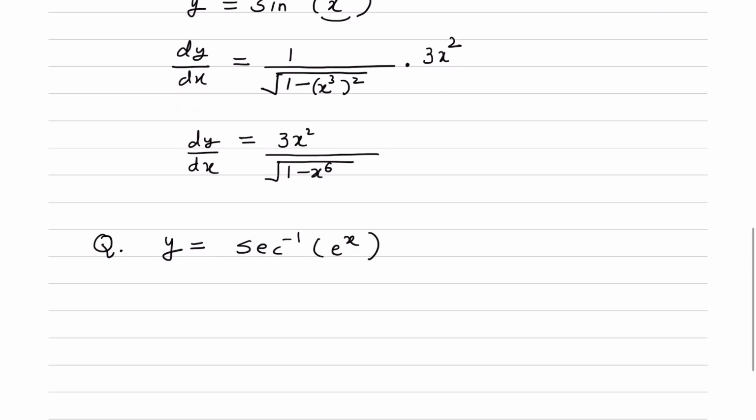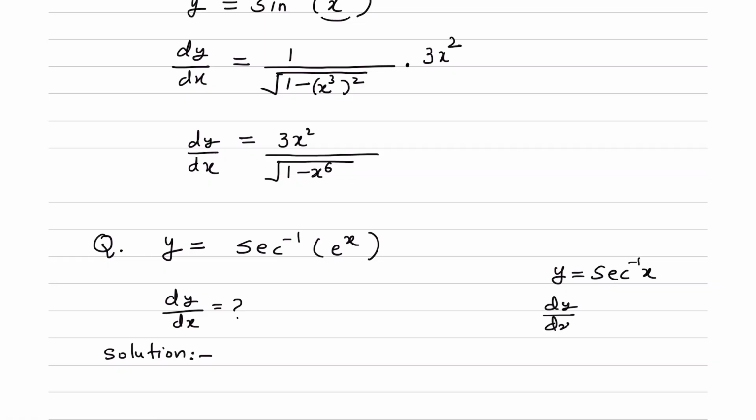Here the angle is not just x but e power x, and we have to find dy by dx. Now we know that if the function is secant inverse x, then its derivative is 1 over angle, which is x, times square root of angle square, which is x square, minus 1.